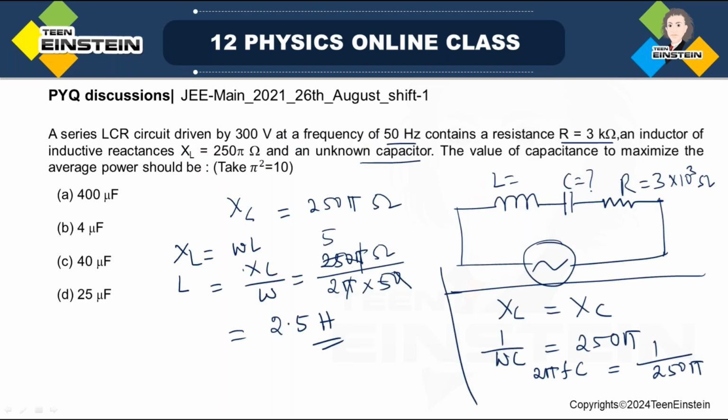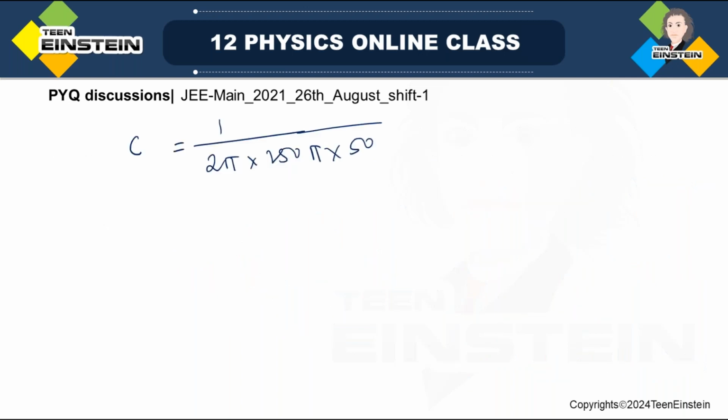Okay, so these are the things, 250 pi and 2 pi into F. So 2 pi into F into 250 pi. Okay, so if you do this calculation carefully, see this pi square, in the question it is written that pi square can be taken as 10. Okay, so look then what I get.